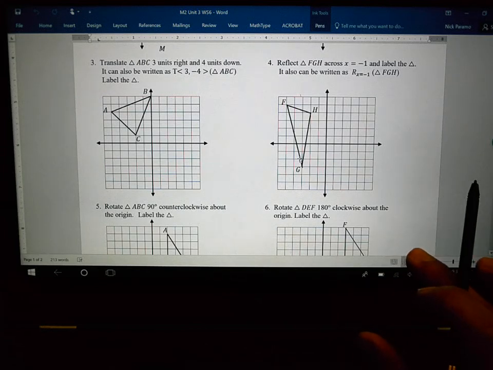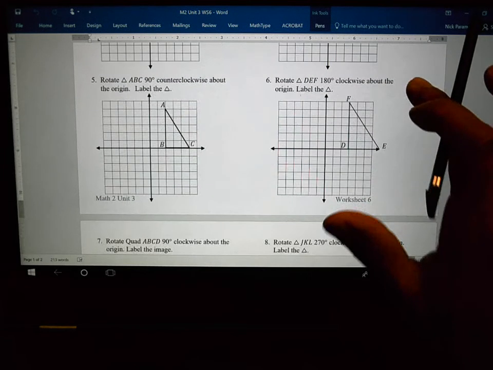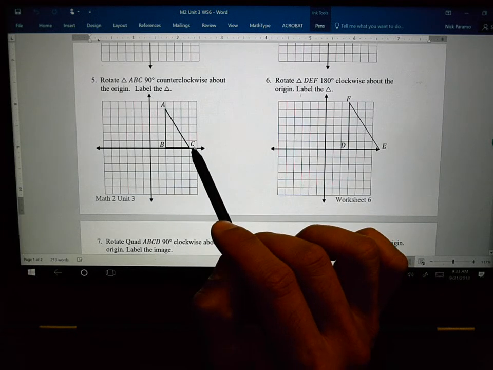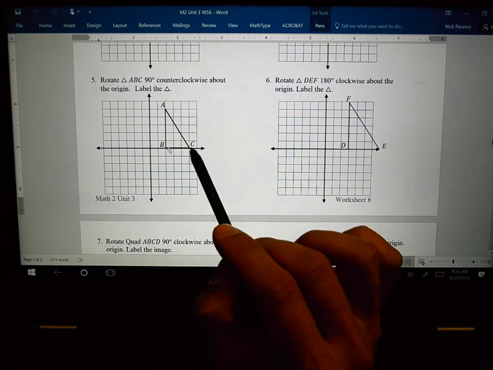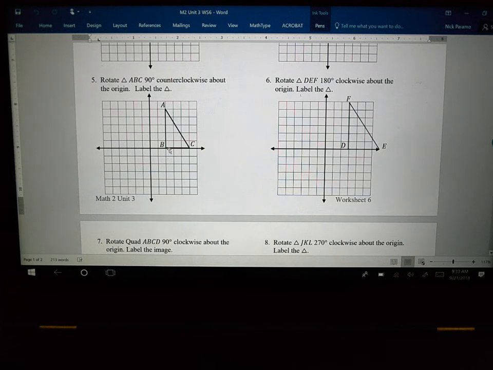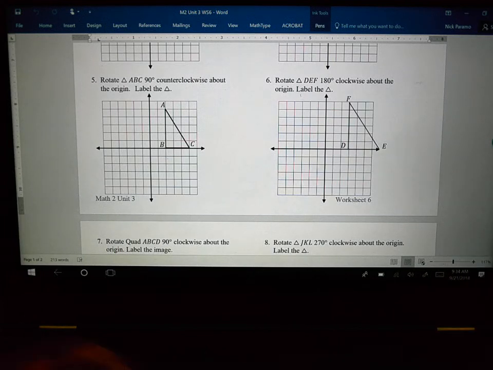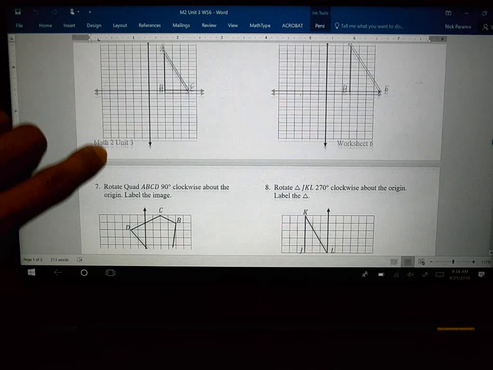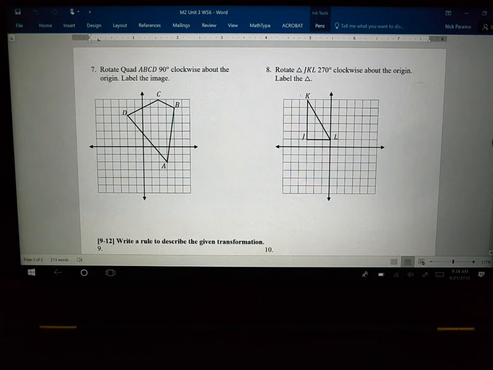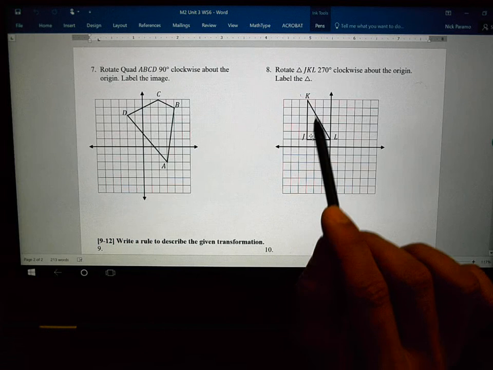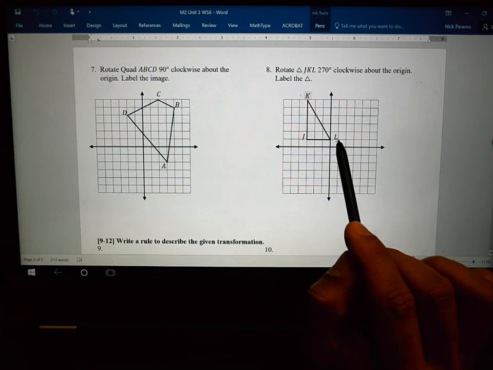Number 5, the letters will be A, then to the bottom right is C, then B. A, C, B. 6, F, E, D. Top right, top F, bottom right E, D. We did number 7. Number 8, K, L, J. K, then bottom right is L and J.